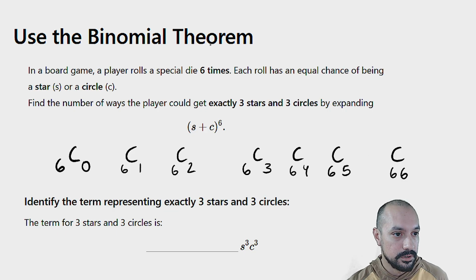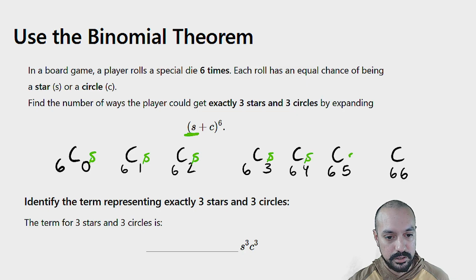All right, so then I'm going to go ahead and put the variables on. I'm going to start with s, and this is going to have descending powers starting from 6. So to the 6th power, to the 5th power, the 4th power, the 3rd, the 2nd, the 1st, and the 0 power. Then we're going to start with c.